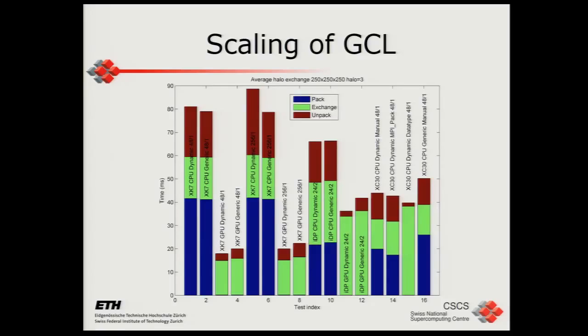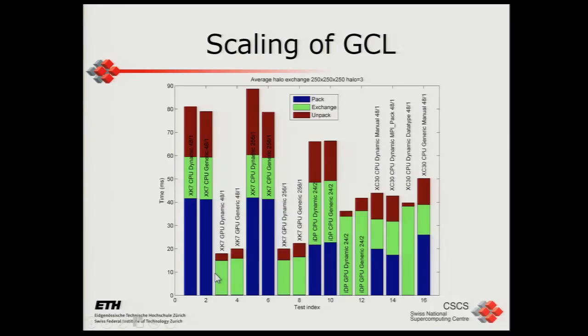And we can see that if we are running on 48 processes on an XK7, packing time and unpacking time are actually larger than the exchange time on the CPU. While when we run on the GPU, the packing and unpacking is basically nothing. And the exchange time is more or less the same, even though sometimes it's faster on the GPU.